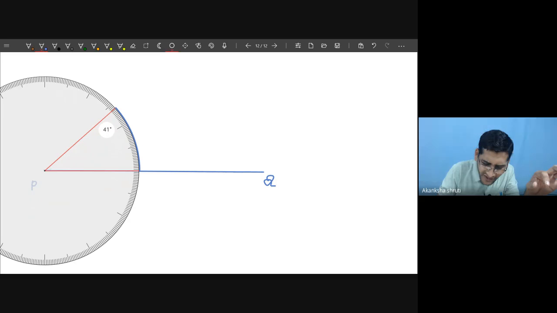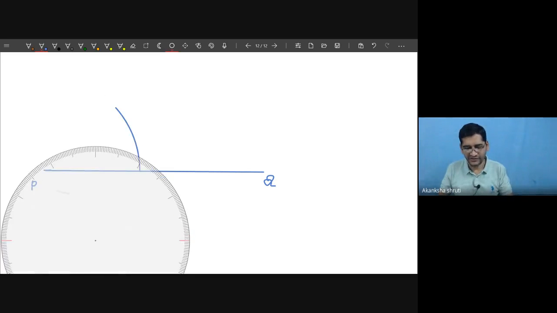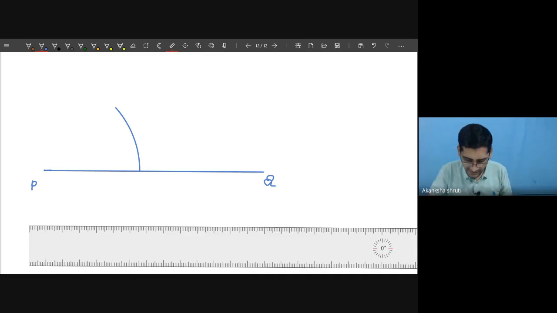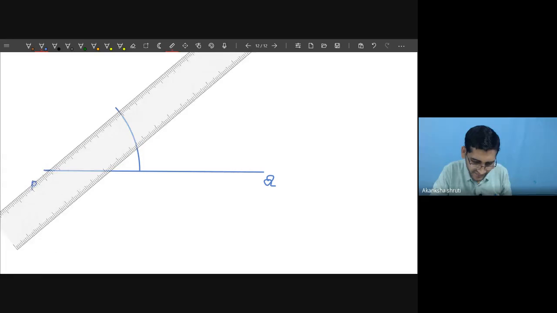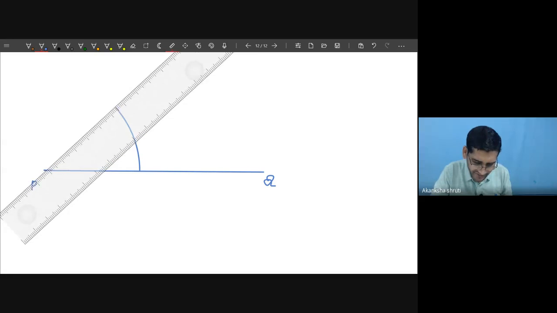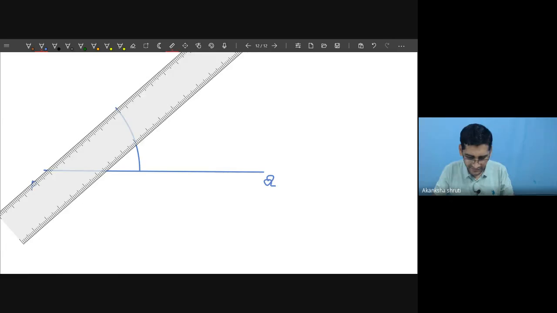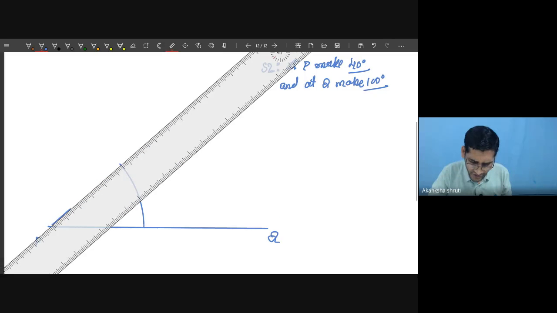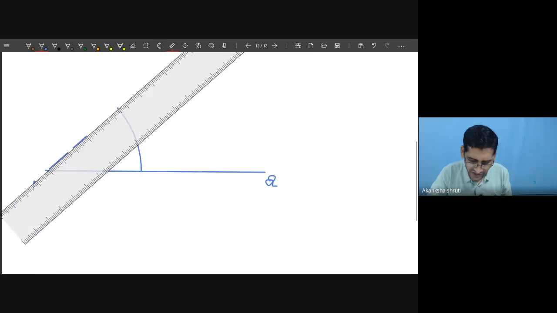Be careful. Yes, it is our 40 degree. Now with this 40 degree, we have to make a ray. So make a ray. But still it is not our A. Better to draw it in a diffused line.